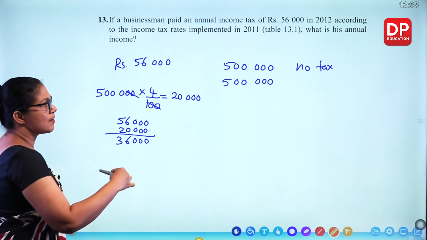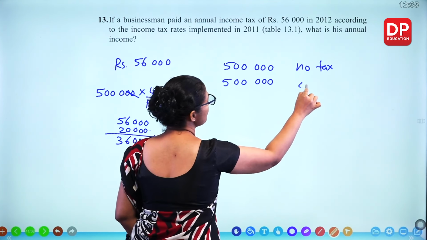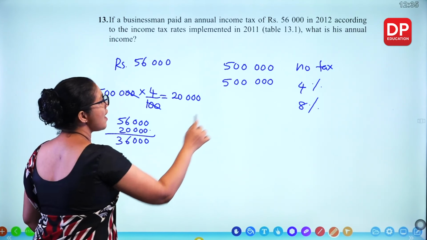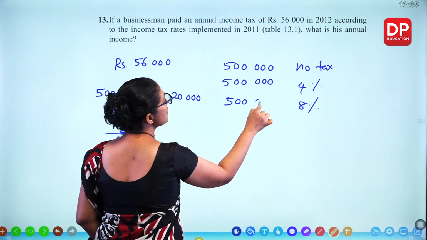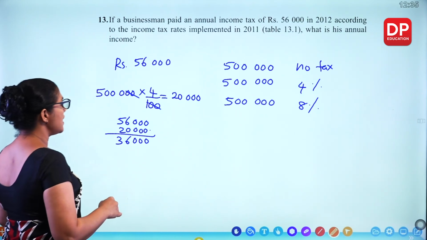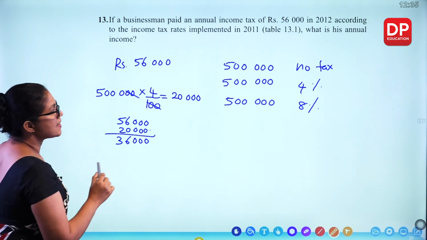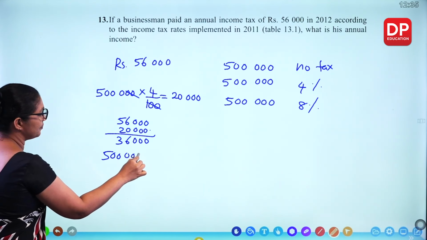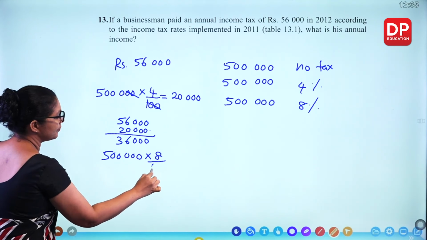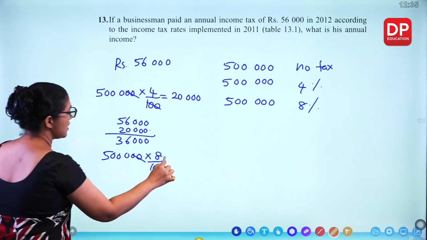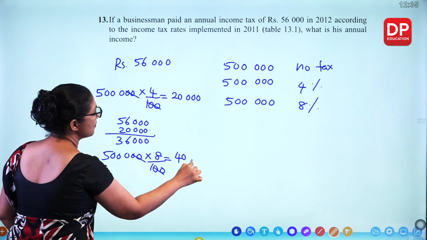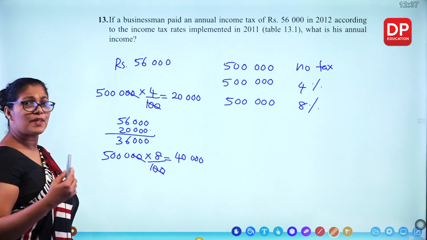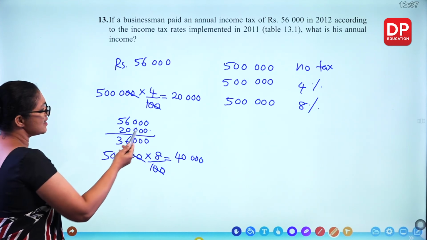Now the next one is 8% tax for another 500,000. Now we'll see what is 8% value of 500,000. You are getting 40,000. Now we found out this is 40,000 rupees, but you got 36,000 rupees.